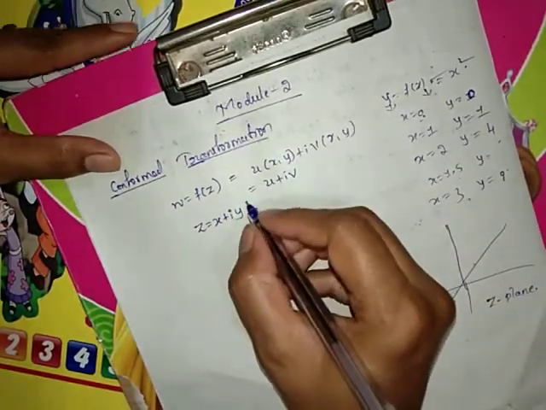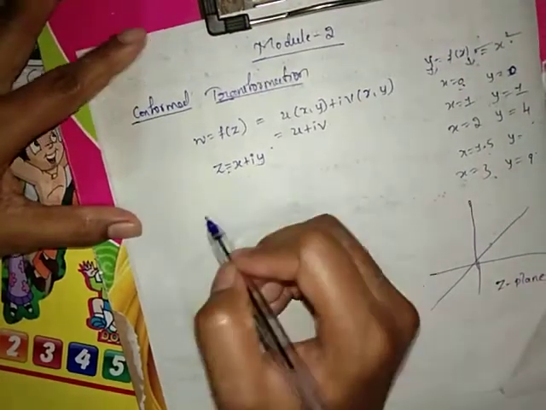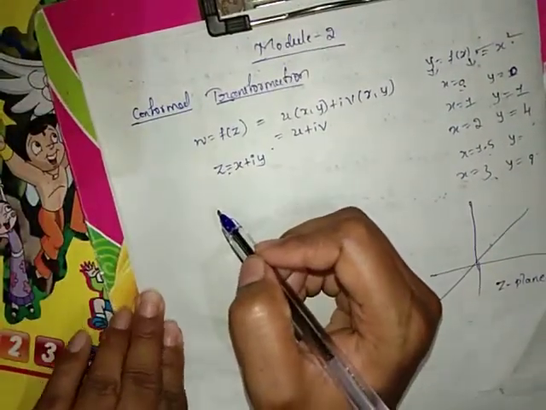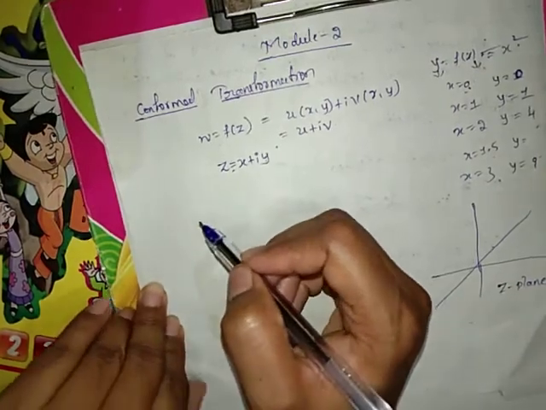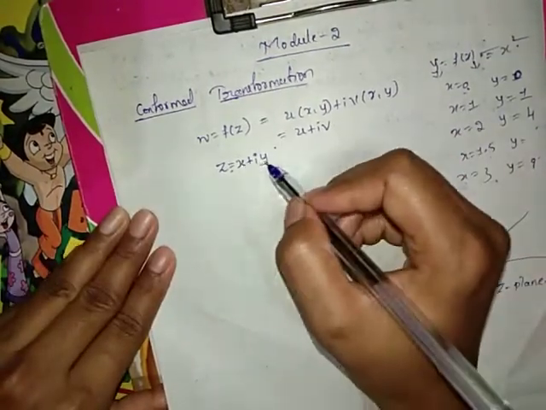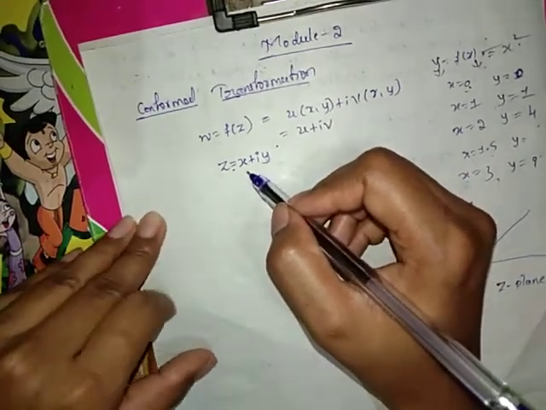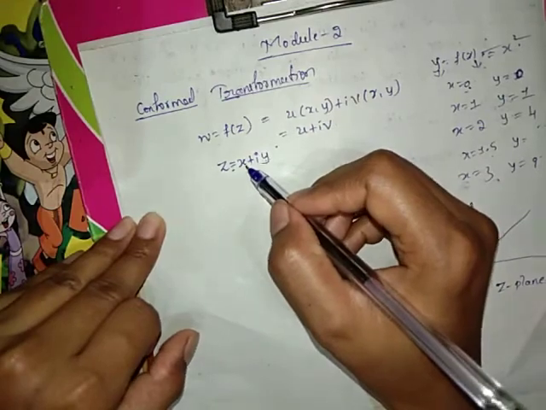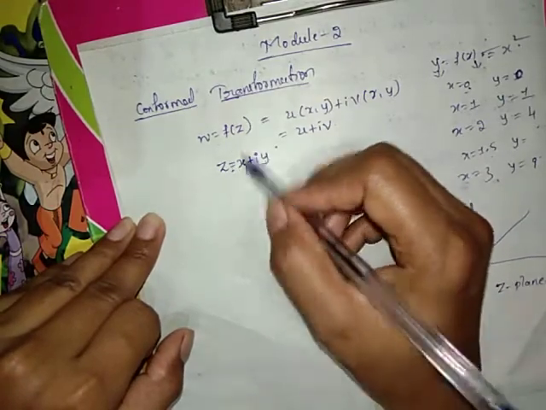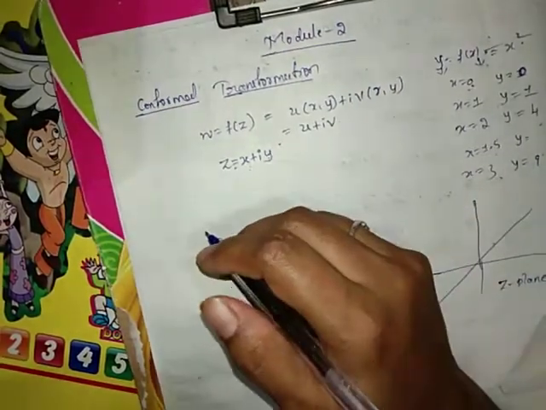In z equal to x plus iy, for every value of x, we can draw the graph in the x plus iy plane.